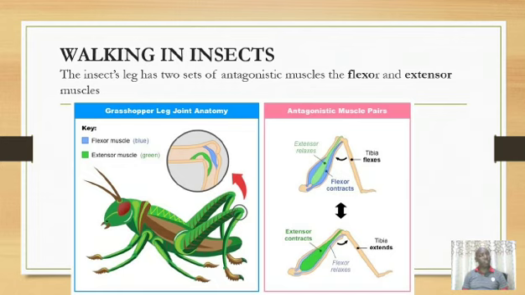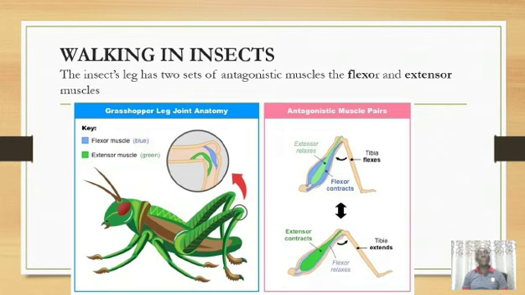But they have two sets of muscles. They have what we call the flexor and the extensor muscles. Flexor muscles bring about flexing or bending. Extensor muscles bring about straightening, extending the limb. Now the flexor and the extensor muscles, we say they are antagonistic. Very interesting.